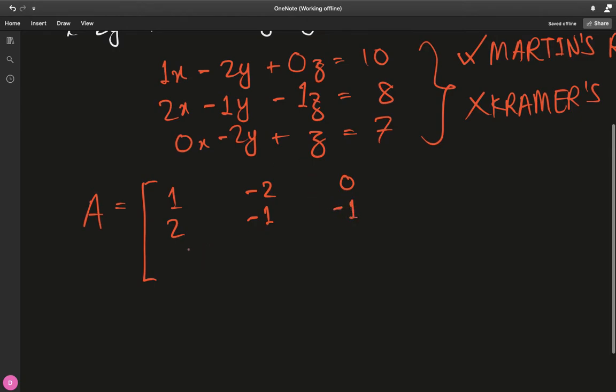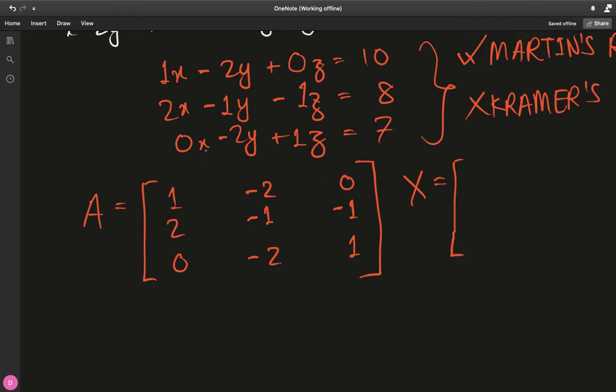Third equation: the coefficient of x is 0, of y is negative 2, of z is 1. So call that A, the matrix of coefficients, and capital X you define to be these variables, but you go in order. This first column 1, 2, 0 contains the coefficients of x in the three equations.